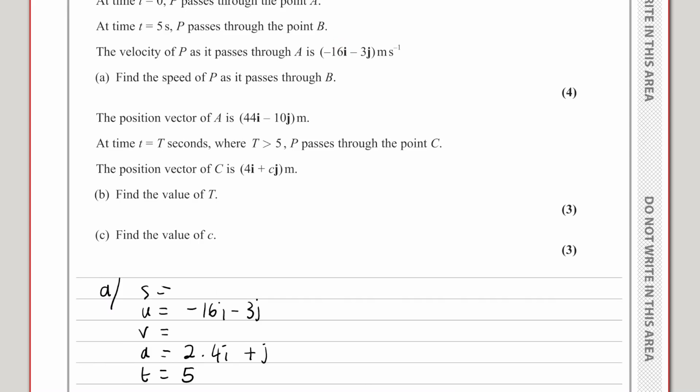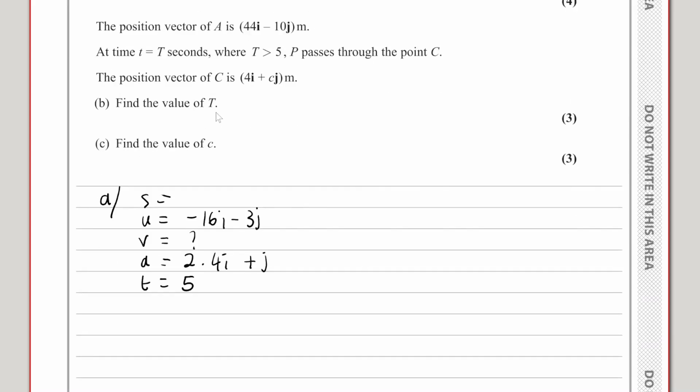And we want to know, well, let's find the velocity, and then we can use Pythagoras to find the speed. So v equals u plus at. I'm going to write these as columns. So negative 16, negative 3. v equals u plus a times t, 5 times 2.4, 1.